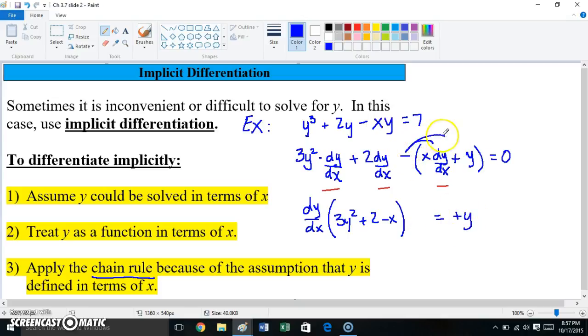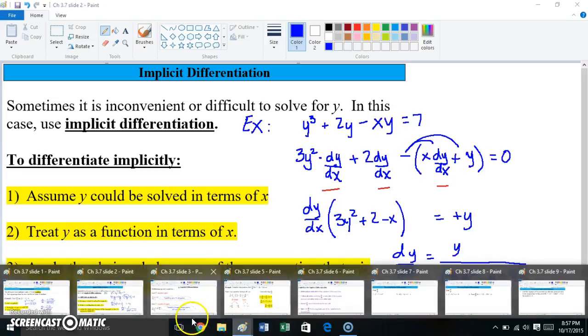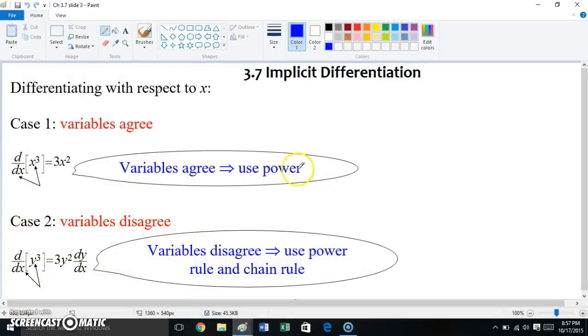I've distributed the negative and moved the y to the other side. And then solving, dy dx would be equal to y over 3y squared minus x plus 2. Okay, that was a little bit quick, and we'll take a look at summarizing those strategies in a bit.